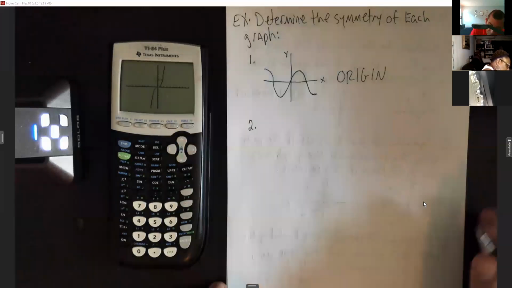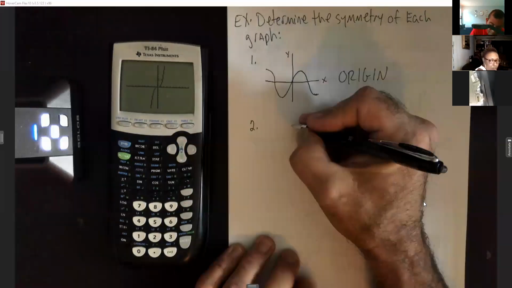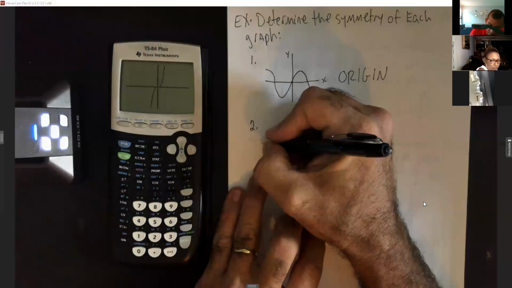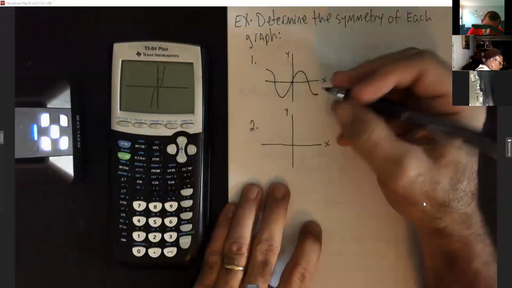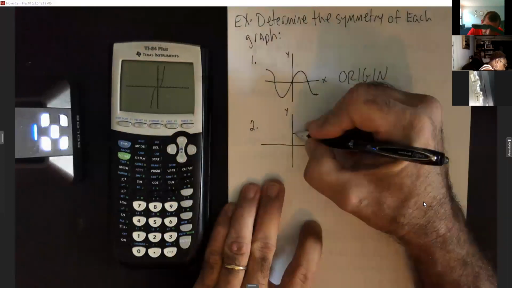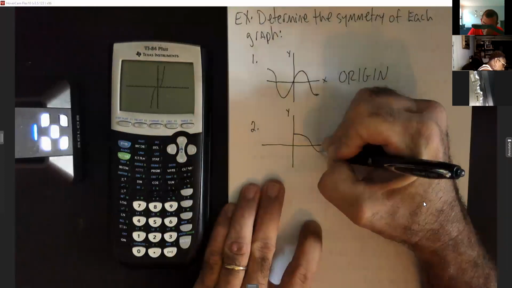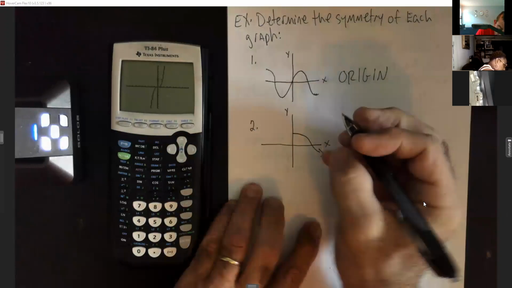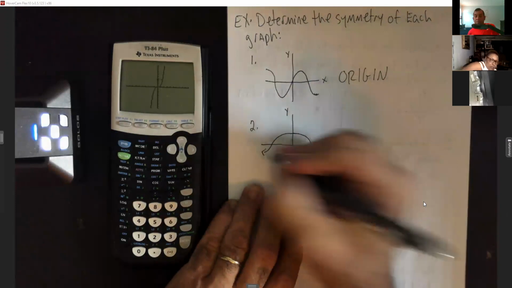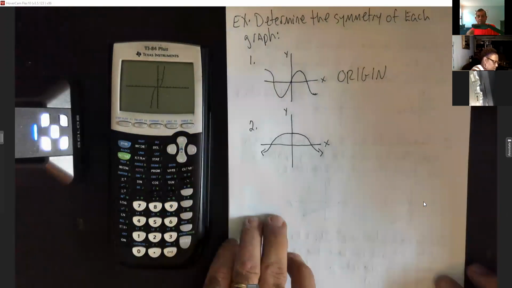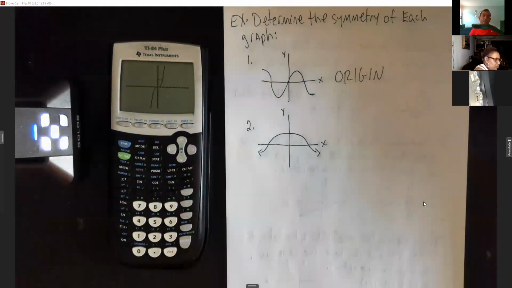All right, then number two, y'all, let's see, I have a graph. There's my X and my Y. This graph sort of comes down and curves that way. And then over here sort of comes down and curves that way. All right, so I'm going to check symmetry, starting with my Y again.